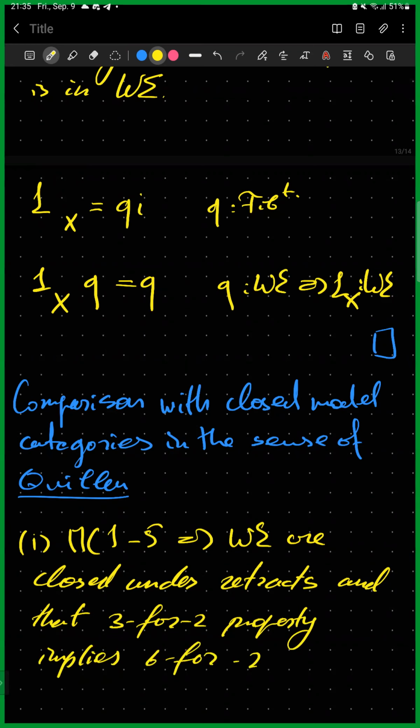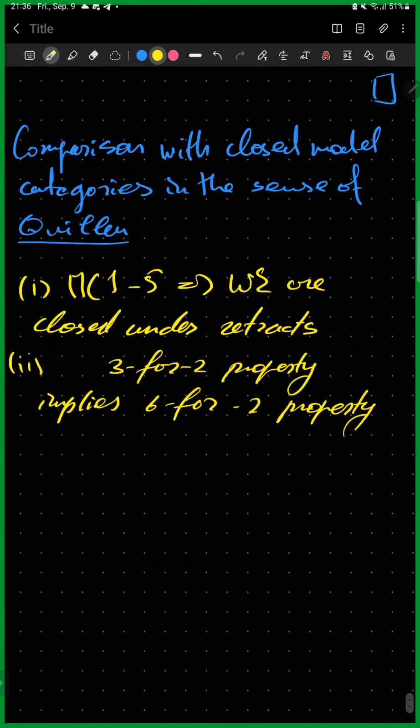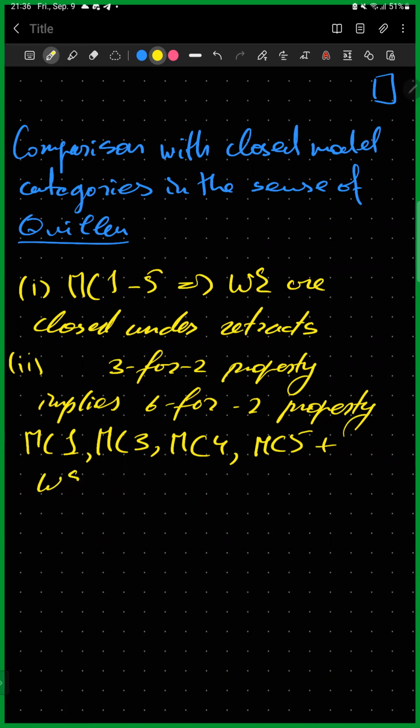It implies the 6 for 2 property, obviously not in the general case, because the 6 for 2 property is strictly stronger than the 3 for 2 property, but on the assumption that we have axioms 1, 3, 4, 5, and weak equivalences are closed under retracts, i.e. the first point.